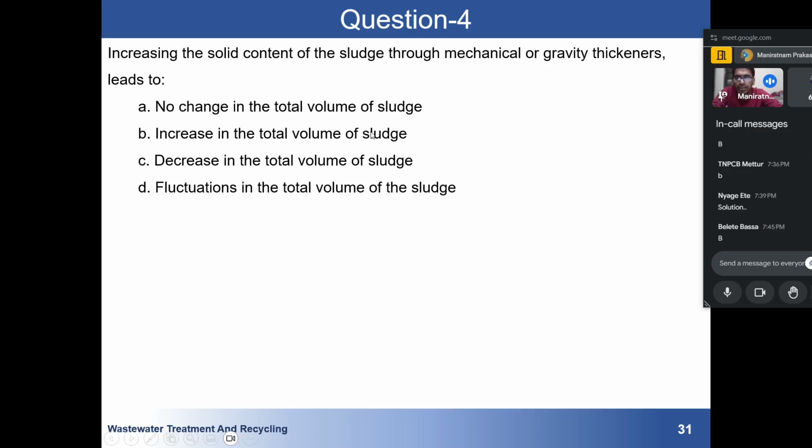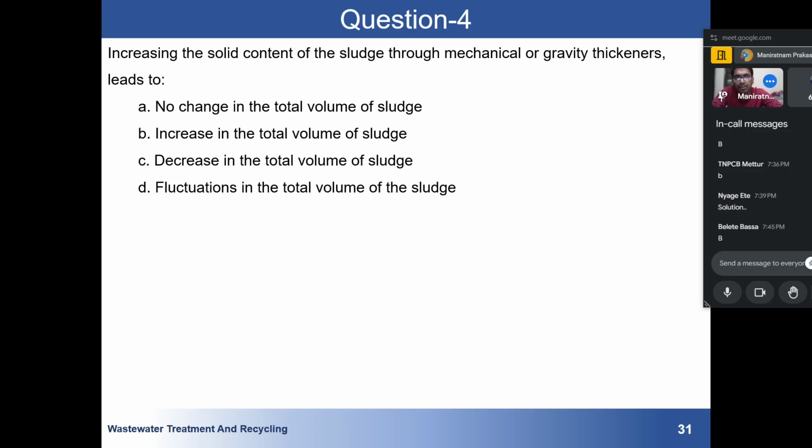B. Increase in the total volume of the sludge. How will volume increase if we are increasing the solid content? We have discussed a few minutes ago that solid concentration is fixed.